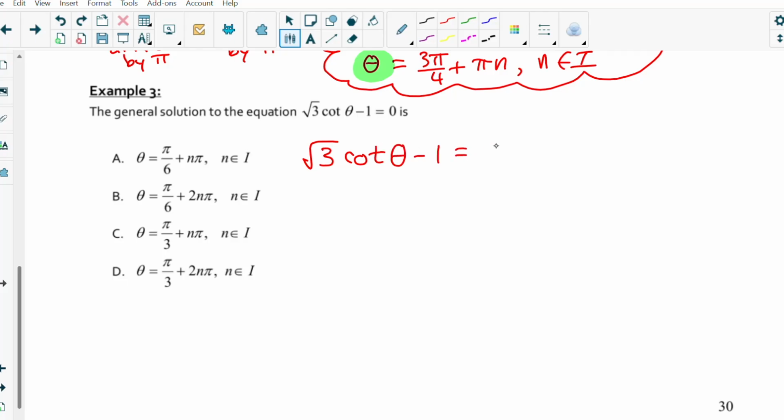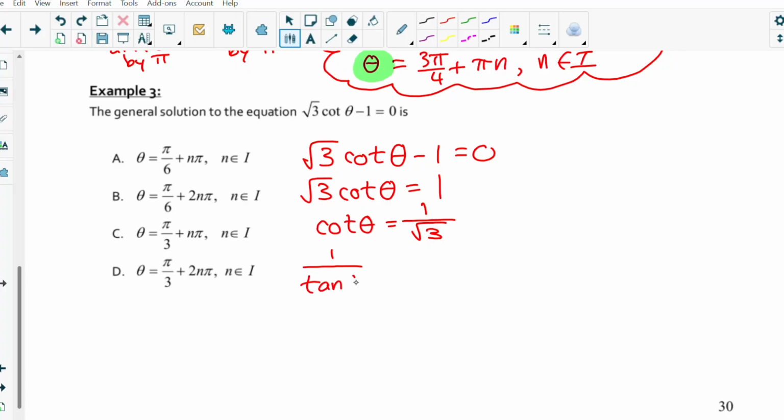Square root of 3 cotangent of theta minus 1 equals 0. Square root of 3 cotangent of theta equals 1. Cotangent of theta equals 1 over square root of 3. And let's see.